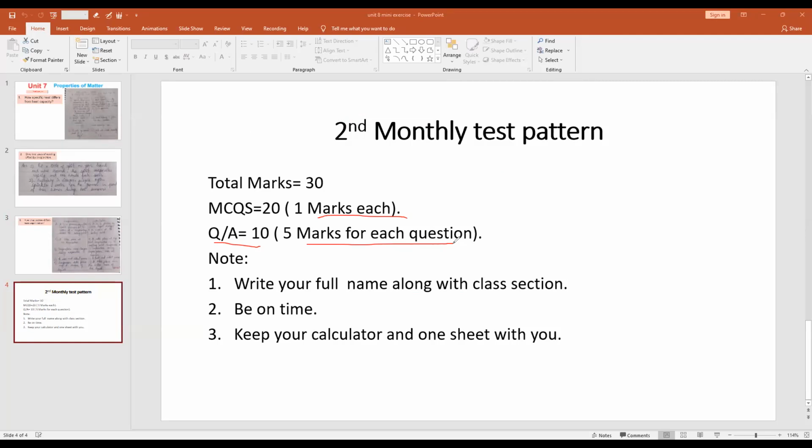So if you open page number 169 of your book, you have to go through from the first topic, 8.1, that is temperature and heat. So you have to know what temperature is. All of you know that temperature is basically the degree of hotness and coldness of a body, right? So you have to go through all the definitions. What is thermal contact, what is thermal equilibrium, what is heat.